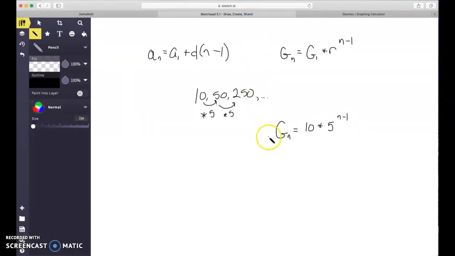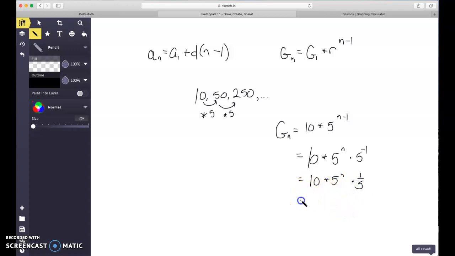Okay? And when we have an exponent like this, we can use our properties of exponents that we learned last year. We know this is the same as 5 to the n times 5 to the negative 1. And 5 to the negative first power is the same thing as saying 1 over 5 to the first power.